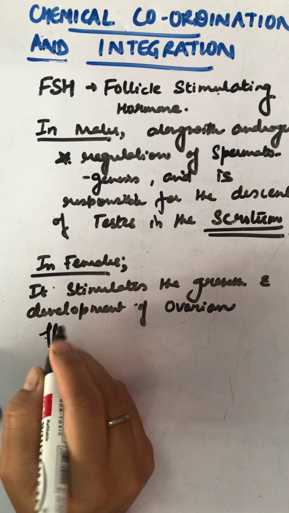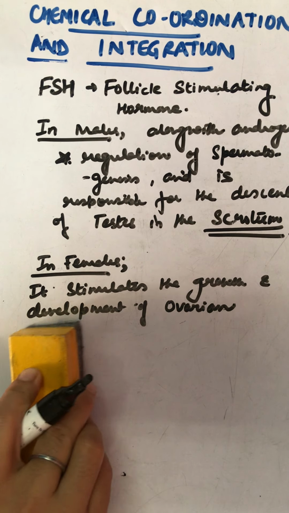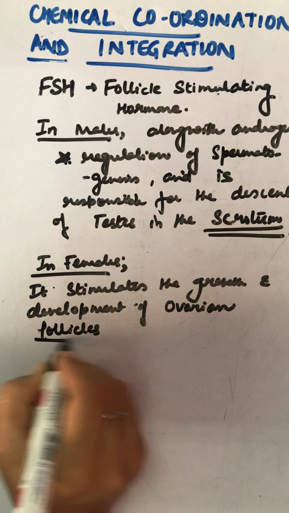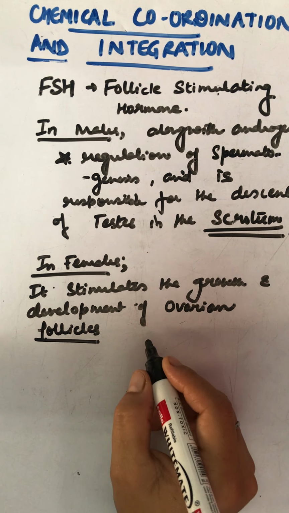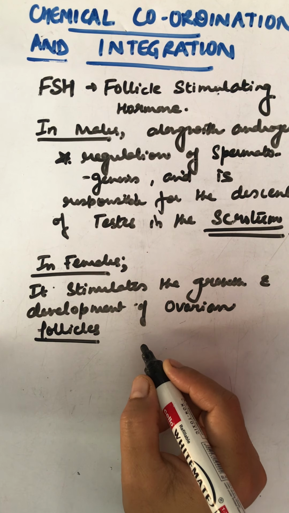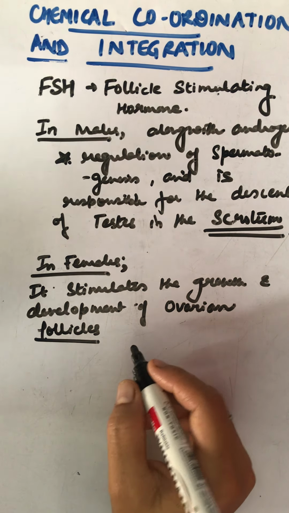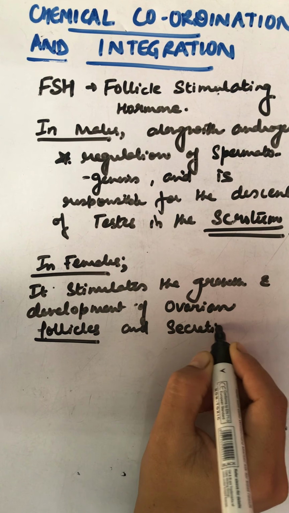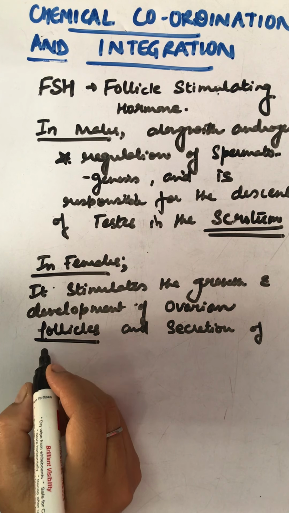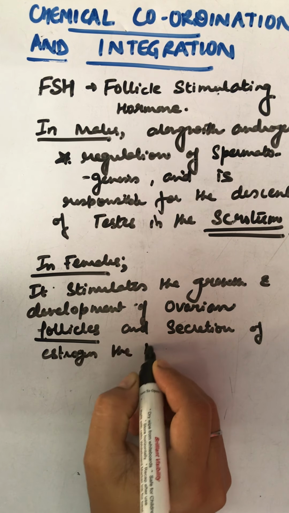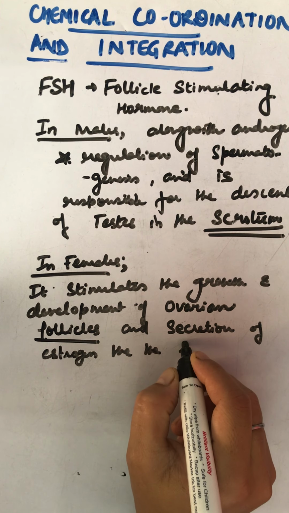What are ovarian follicles? Where the formation of ova has to take place. The follicles will ultimately develop into cells or the ova, eggs, and it regulates secretion of estrogen by the follicle cells.